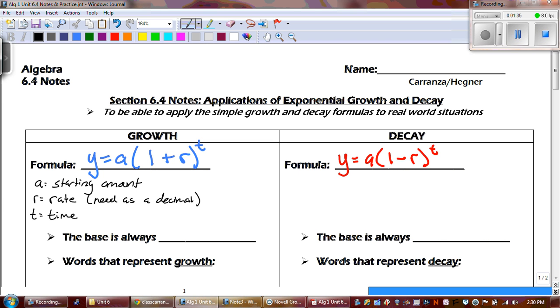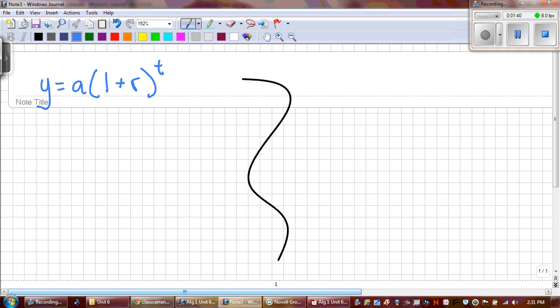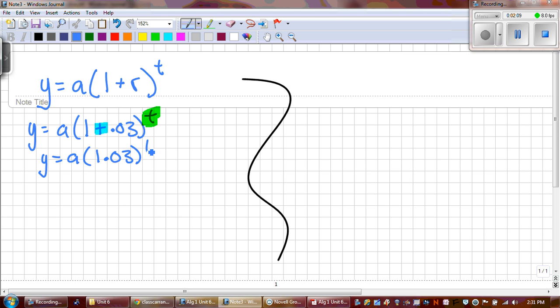Okay, so if we had a problem where they said that y equals, let's just say, 1 plus 0.03, okay, and then we've got the t, right? Remember that this right here is addition. This up here is a variable, okay? So when you combine like terms, we'll get a number in there in the middle.